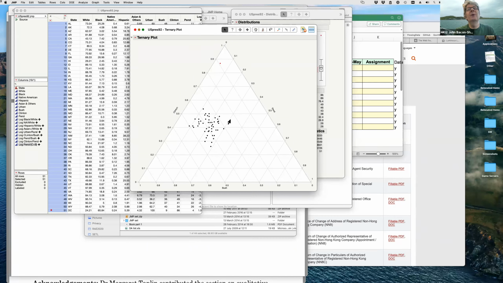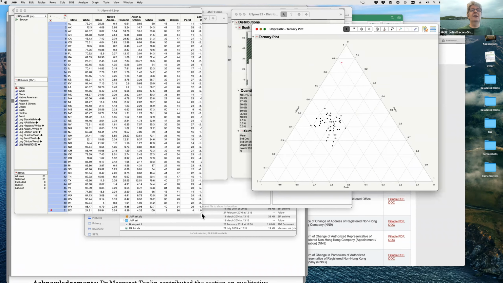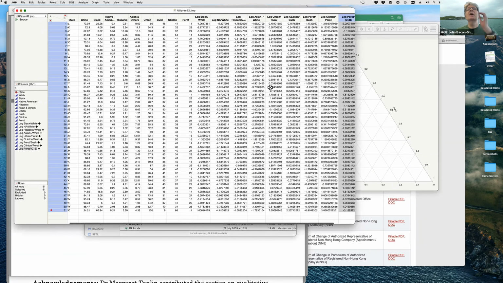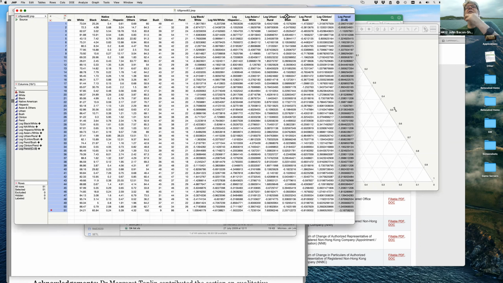But it is also interesting to look at Perot compared to Clinton and Bush. So there are different ways we could do it. I've got the log ratio of Clinton to Bush, but I've also got the log of Perot to Clinton plus Bush, in other words, trying to see where the states are where Perot did well compared to the other two.